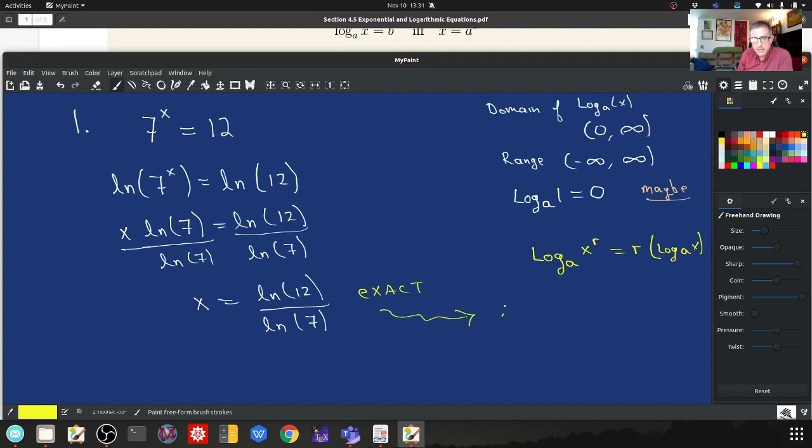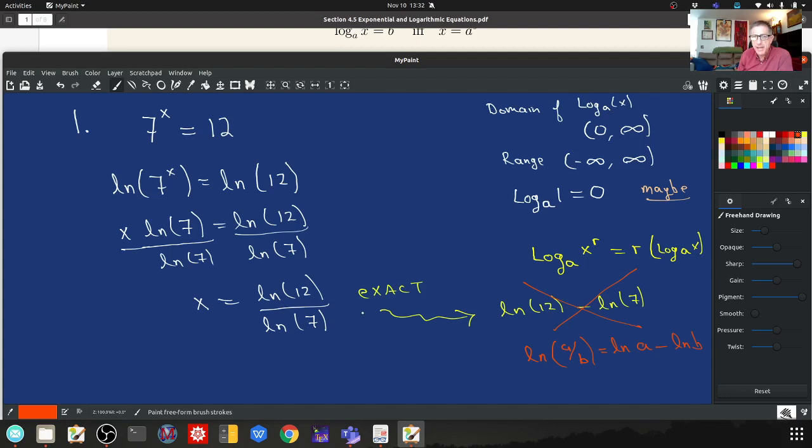Don't be tempted to say this is the same as the natural log of 12 minus the natural log of 7, because that's wrong. What you do have is the log of a divided by b is equal to the log of a minus the log of b.